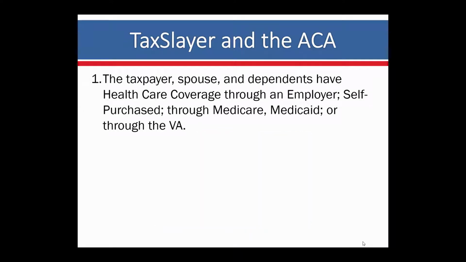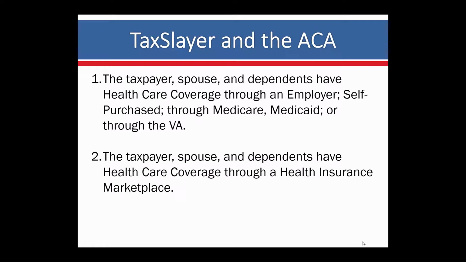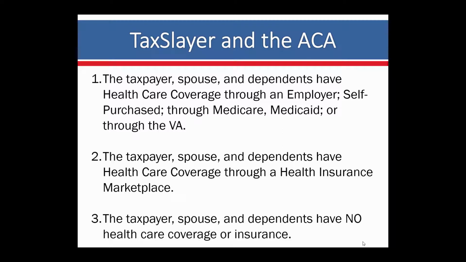First, the taxpayer, the spouse, and the dependents all have health care coverage through an employer or self-purchased health coverage through Medicare, Medicaid, or through the VA. The second scenario, the taxpayer, the spouse, and dependents have health care coverage through a health insurance marketplace or exchange. The third scenario, the taxpayer, the spouse, and the dependents have no health coverage or insurance.